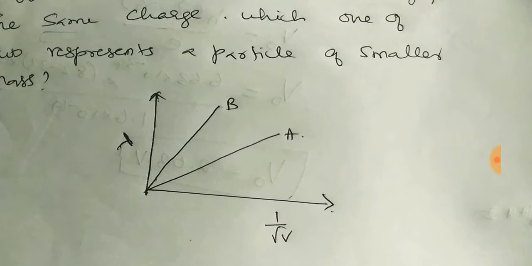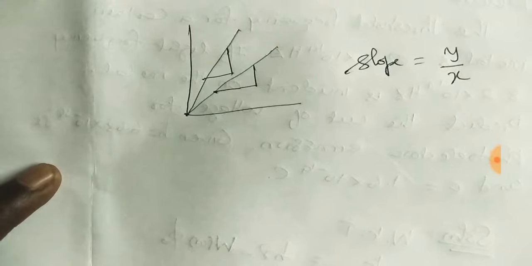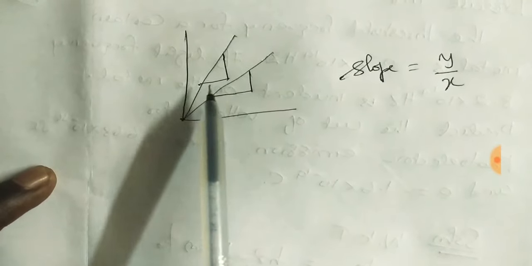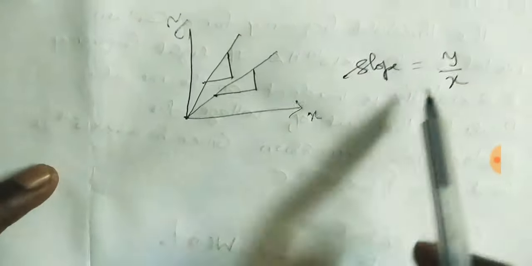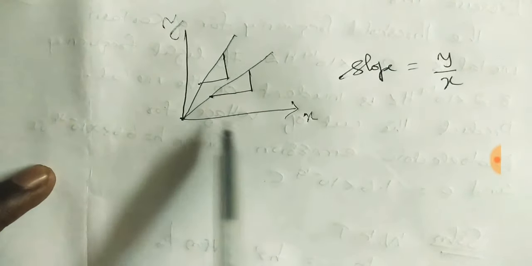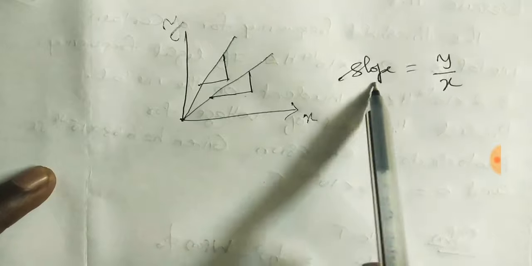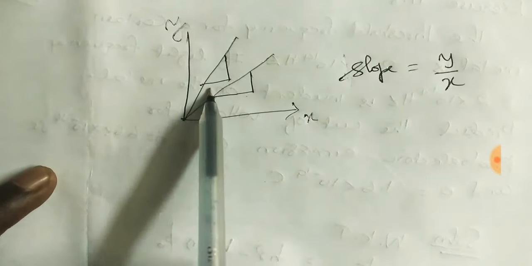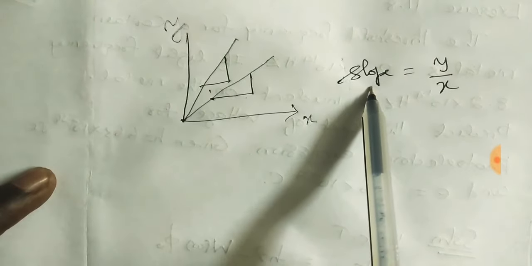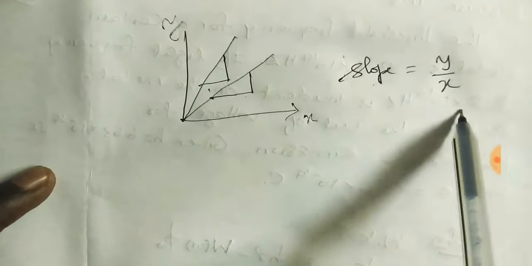the characteristics of graphs. As we discussed in the earlier class, what is the slope? The slope is nothing but y divided by x. See this one, children. If x is very large, the slope will be small. If x is very small, the slope will be large, because both are inversely proportional.